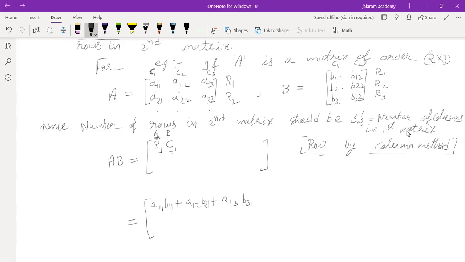A11 into B11 plus A12 into B21 plus A13 into B31. In the second element, we take R1 again, but column 2 from the second matrix. Means row 1 of first matrix, A11, A12, A13, is multiplied with column 2 of second matrix, B12, B22, B32, and then they will be added. Is that clear to you, everyone?